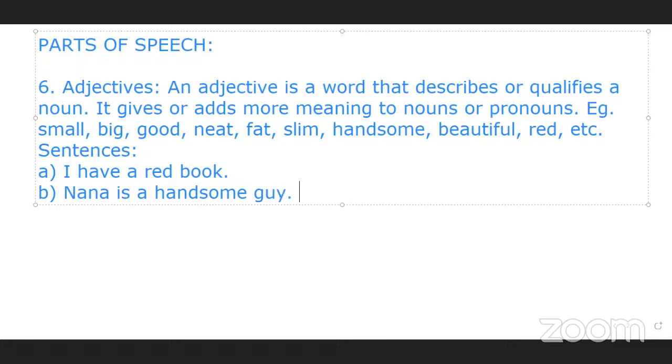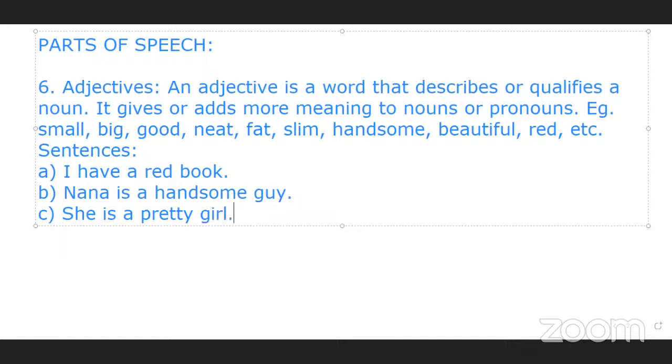Should we use guy or man? Any of them. Both. Okay. You can also use, she is a pretty girl. Beautiful or pretty girl. Pretty, yes. She is a pretty girl.